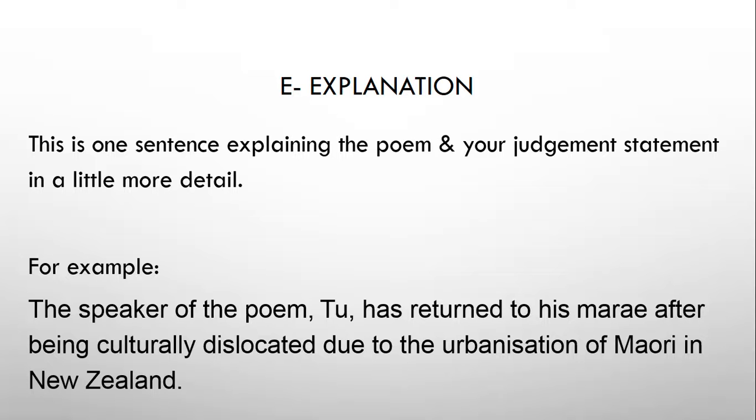So you can see one sentence explaining the context of the poem and the link to cultural dislocation in the text. So I'm explaining how we see dislocation just very briefly, so my judgment statement makes sense to the person who's reading my essay.